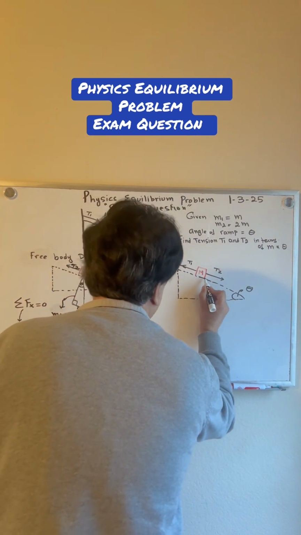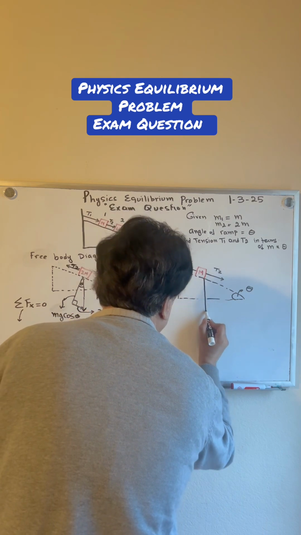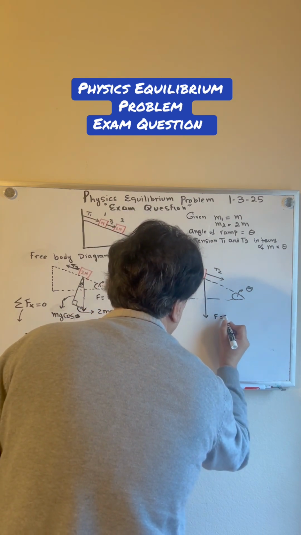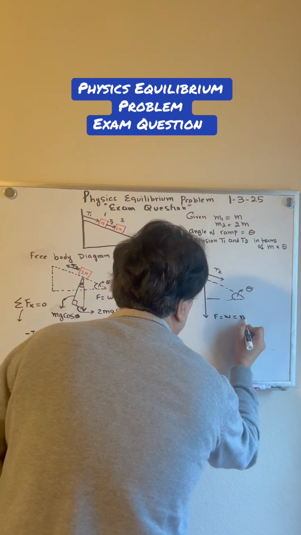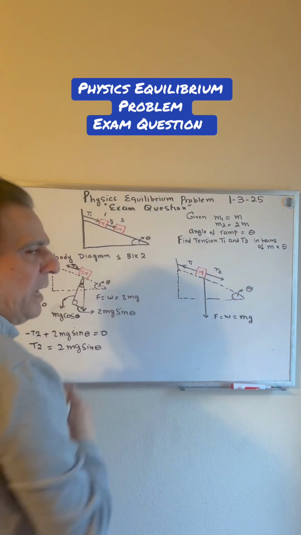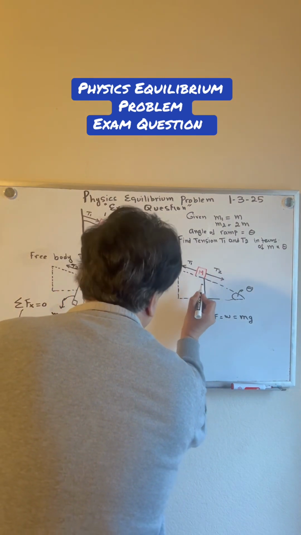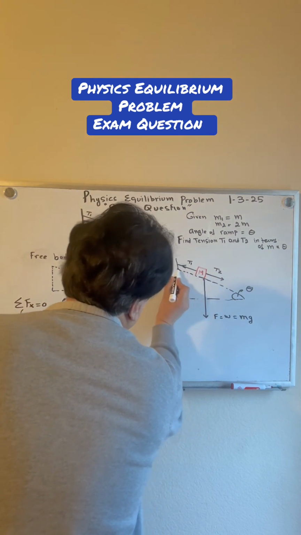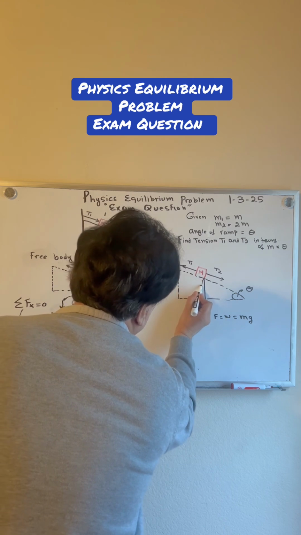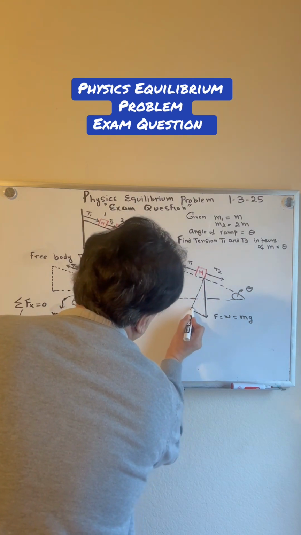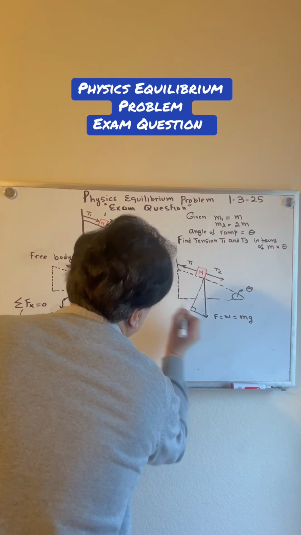We know the weight is acting vertically down, and in this case the weight is just mg, because the mass is just m. Now we draw a perpendicular based on this ramp right here, and this angle right here is 90 degrees.